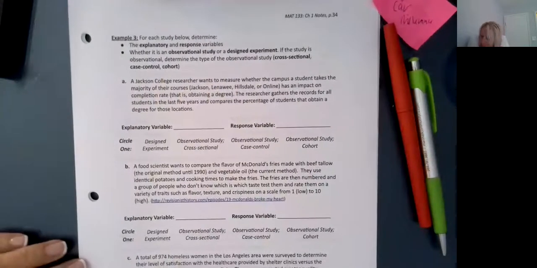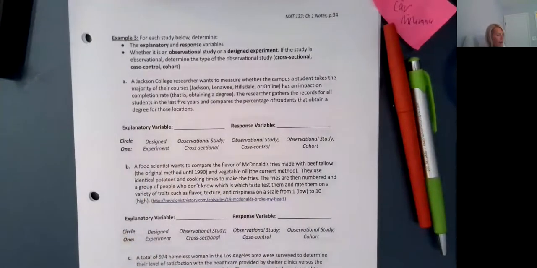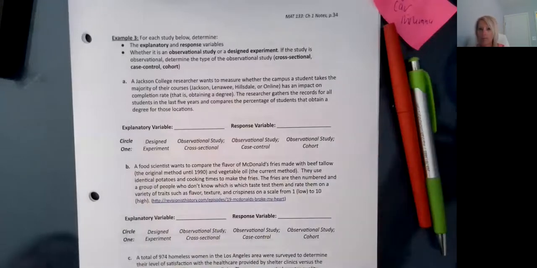I'd like you to take a minute, pause this and read through A, B, C, and D, and decide what you think the explanatory and response variables are, and whether or not it was a designed experiment or observational, and then which type of observational study it might be. So go ahead and pause for a minute and do that, and then when you come back, we will go over them.